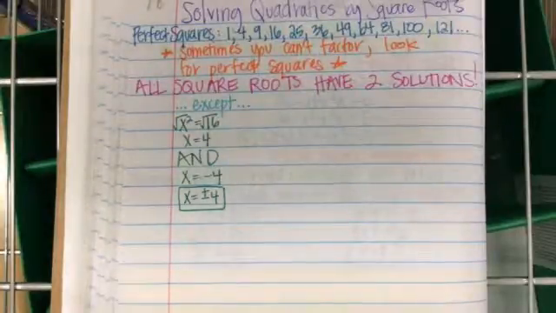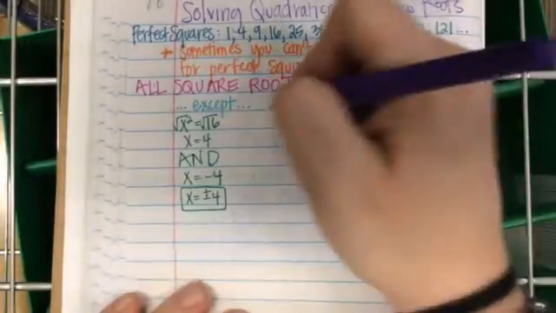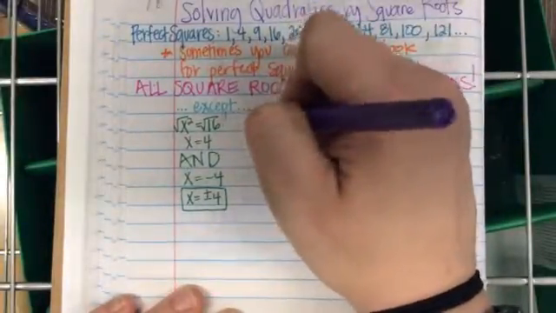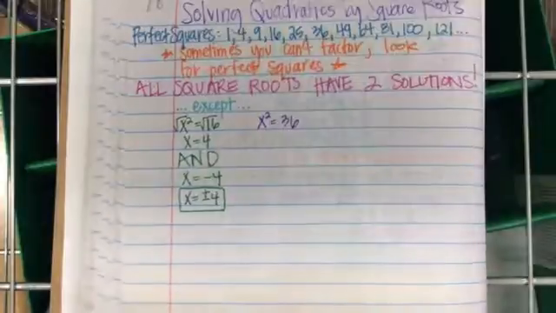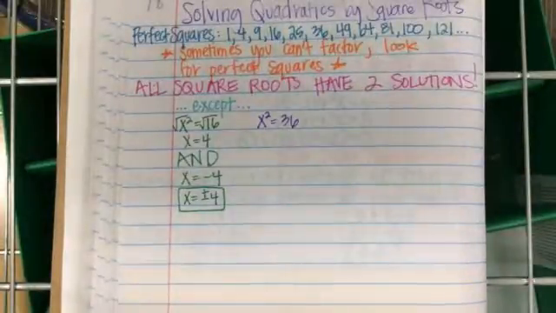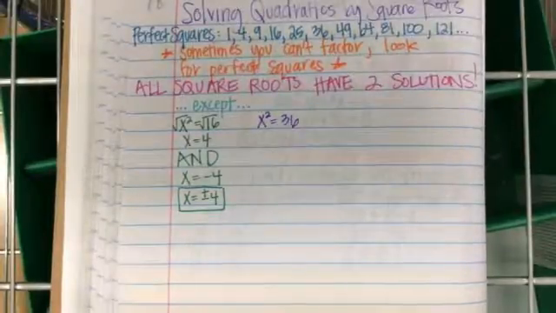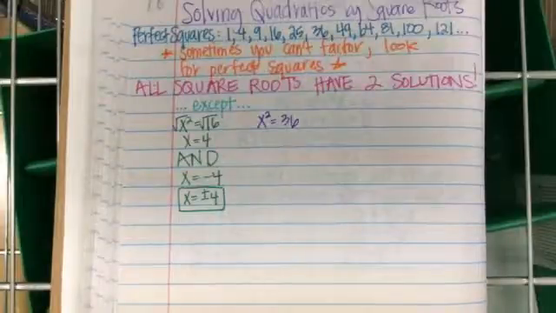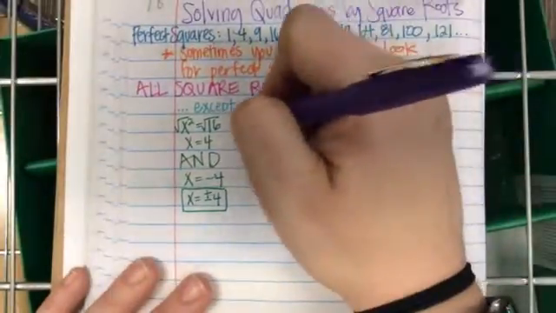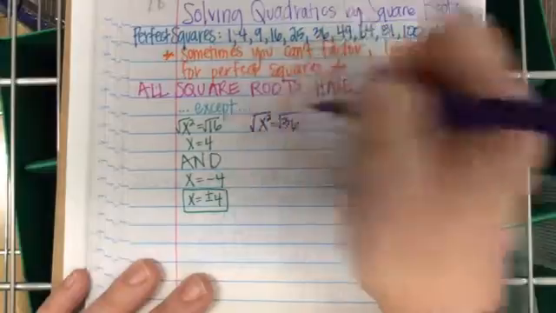All right, let's try another one. Just pretty basic. Let's say x squared equals 36. Is this a quadratic? Yes. It's not written in graphing form because it doesn't equal 0, but that's okay, because I'm finding the square root of x. So I'm going to square root both sides.